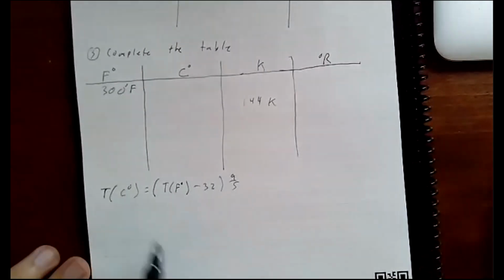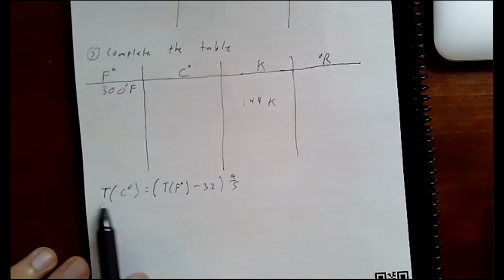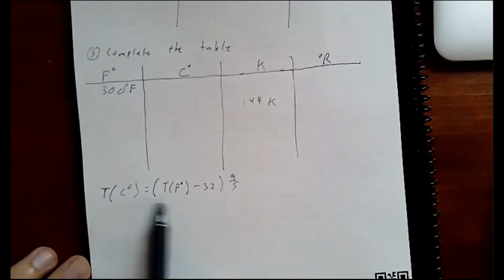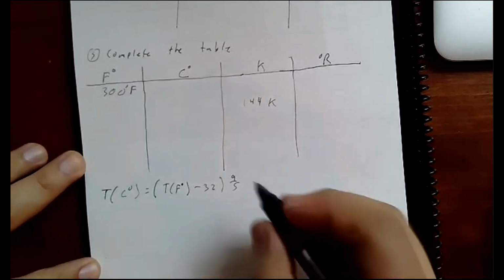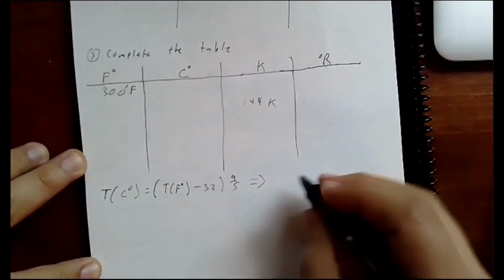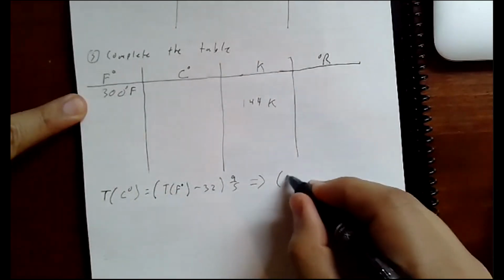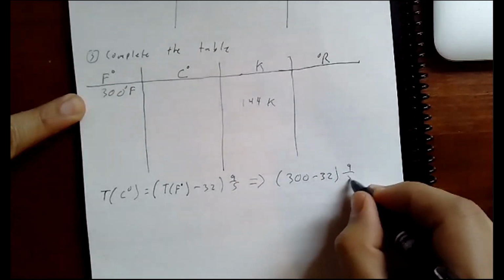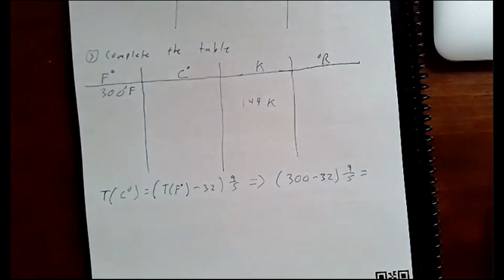Okay. Again, I know it looks like functional notation, so be careful. This means temperature in Celsius. So that's what they're trying to say. Temperature of Fahrenheit. So the Celsius answer would be the 300 minus 32 times the 9/5. So that would get us to Celsius.